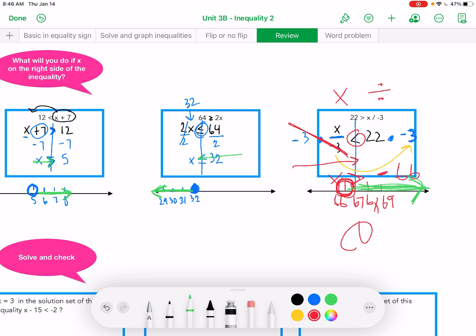Oh, and I need to make these negative. Now if I come back and plug in, x has to be greater than -66. If I plug 67 into the variable, 67 divided by -3 is going to be less than 22.